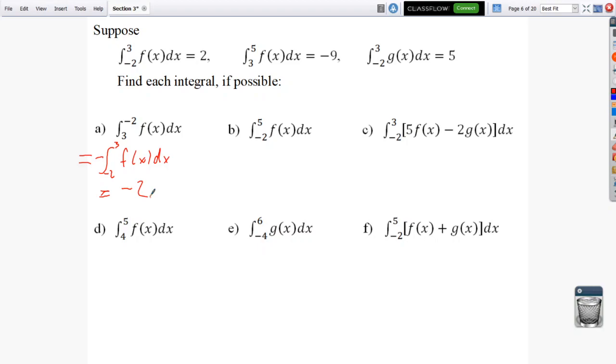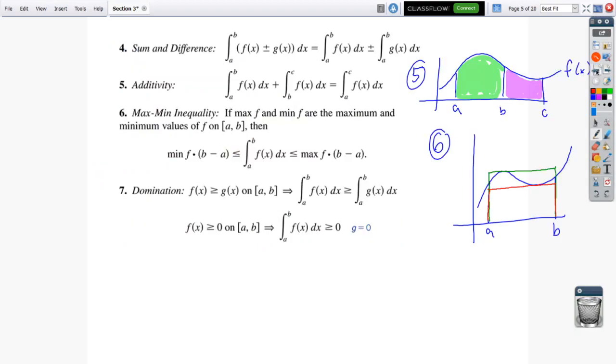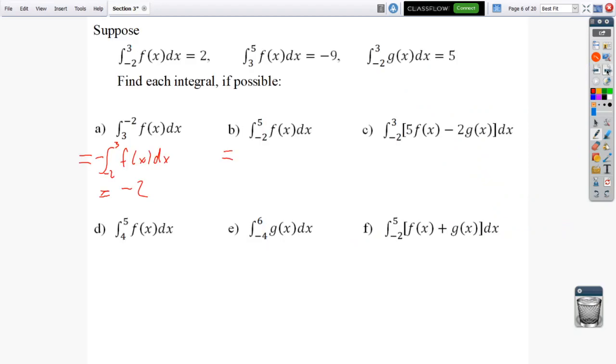Looking at that second one, integral from -2 to 5 of f of x dx. Well, let's see. Look up here. I know the integral from -2 to 3 of f of x dx, and then the integral from 3 to 5. So it looks like I can go through 3 to get to 5. So using that additivity rule, again, additivity I think is on the second page. Yeah, right here, that additivity rule, I can just eliminate that middleman.